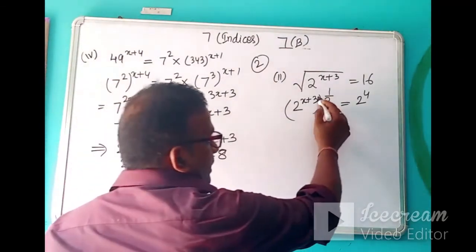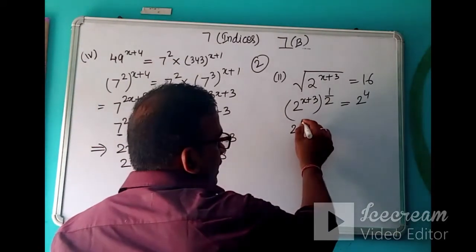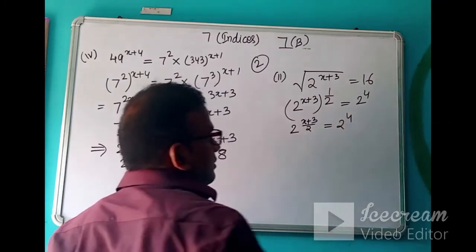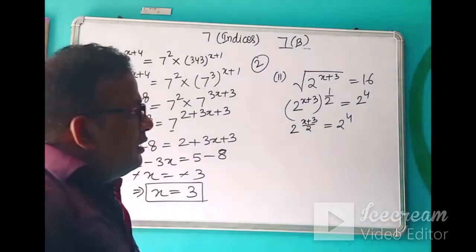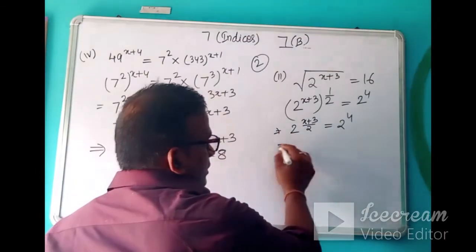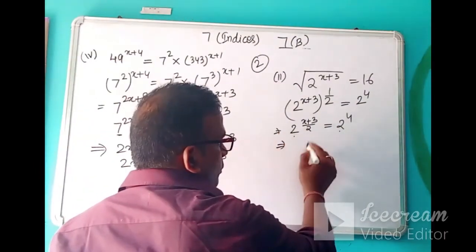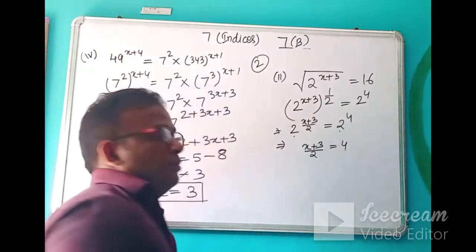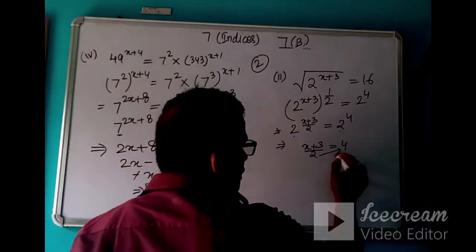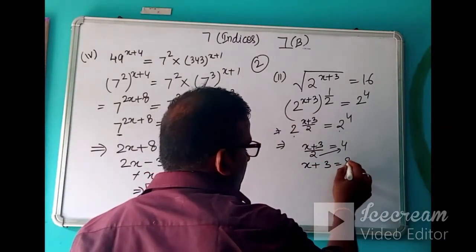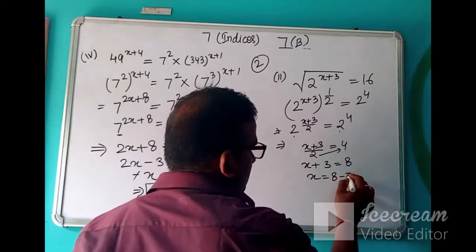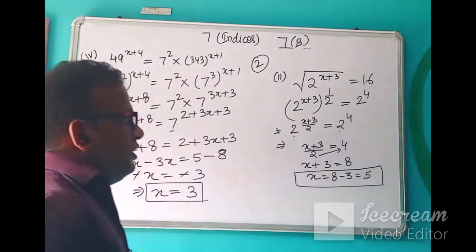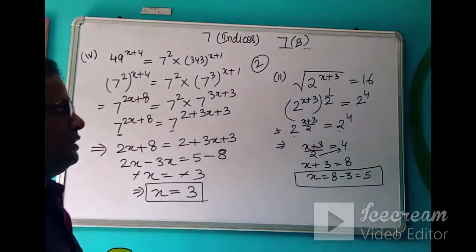Now again we will multiply these two exponents, so you will get x plus 3 upon 2 is equal to 2 to the power 4. Then their bases are same now, 2 and 2. So we will compare their exponents. Then it is a simple linear equation. You will get x plus 3 equals 8 and x will be 5. Like this you can solve.